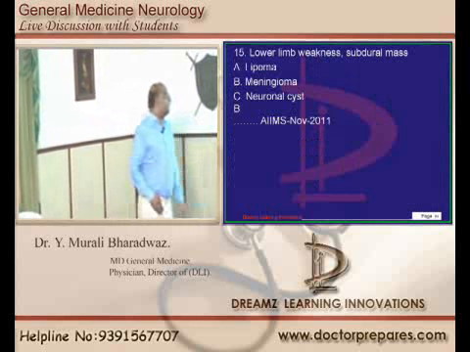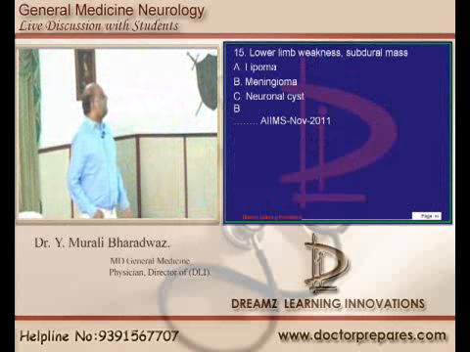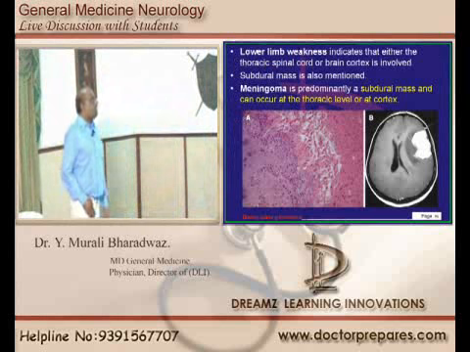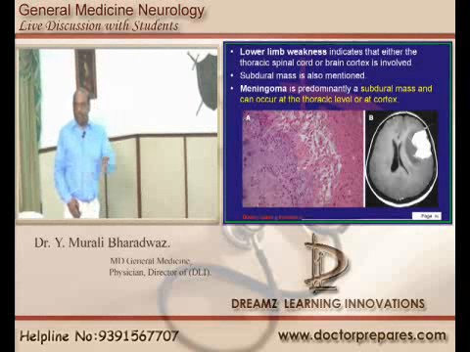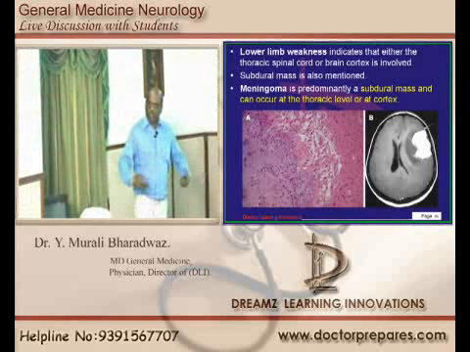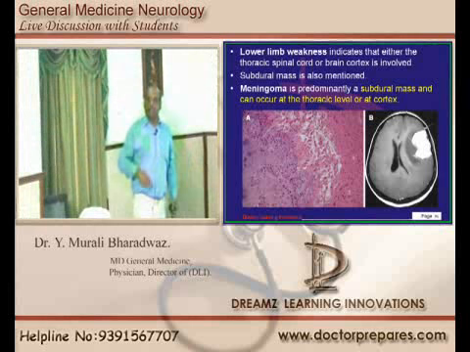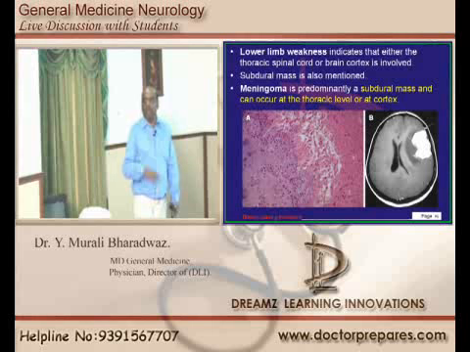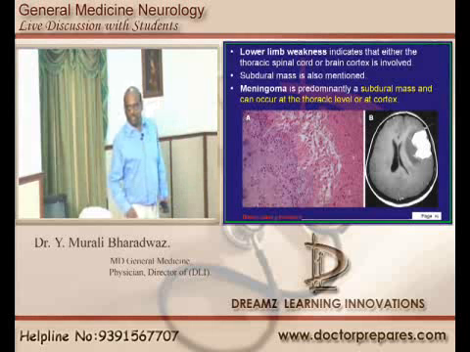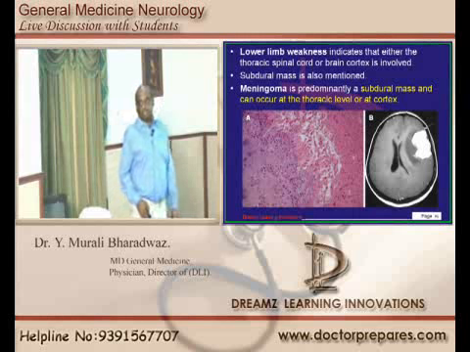Now there is a lower limb weakness with subdural mass. What is it most likely to be? The lower limb weakness means the thoracic cord would have been compressed, because the upper limb fibers can go into the upper thoracic cord and go up, but lower limbs definitely need to pass the thoracic cord. Or it can be the brain cortex. But the patient is also having a subdural mass.